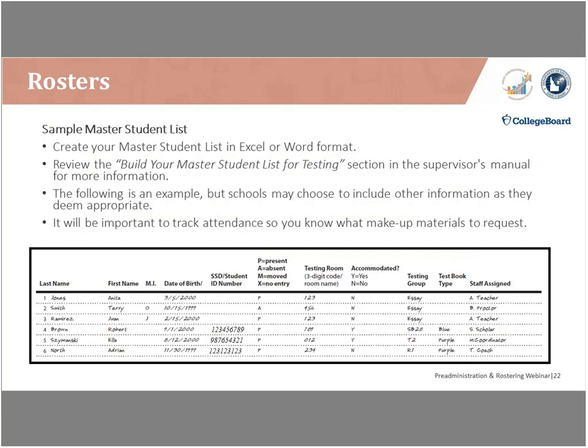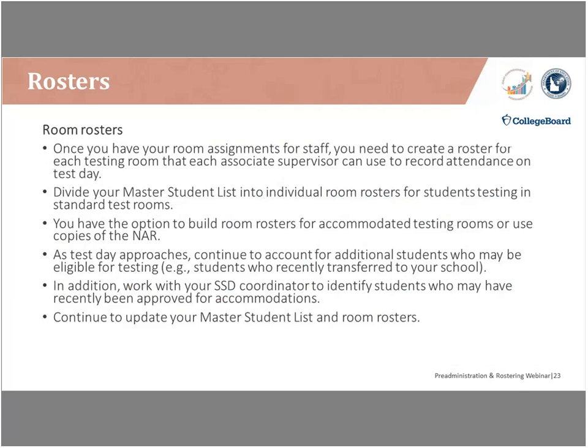And again, this will help as you are preparing for, if you have students absent on test day, preparing for ordering makeup material for the makeup test day that will come a little bit later in April.